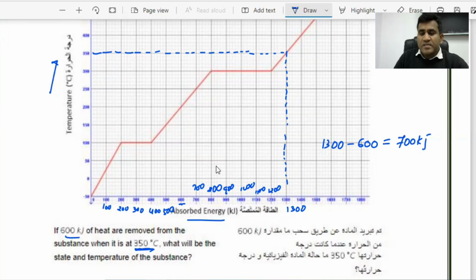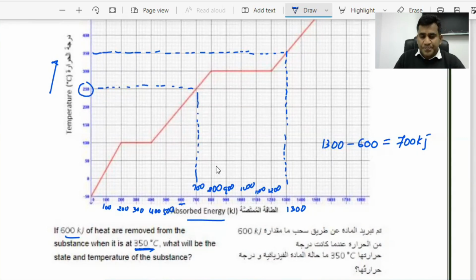So when the substance has 700 kilojoules of energy, what are its temperature and state? Where is the 700 kilojoules? Look correspondingly at the state and the temperature. The temperature of the substance is going to be 250 degrees Celsius.